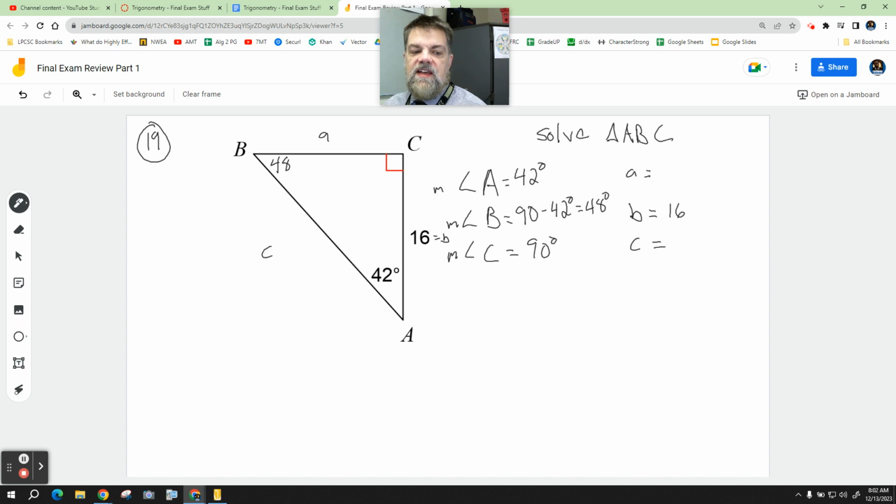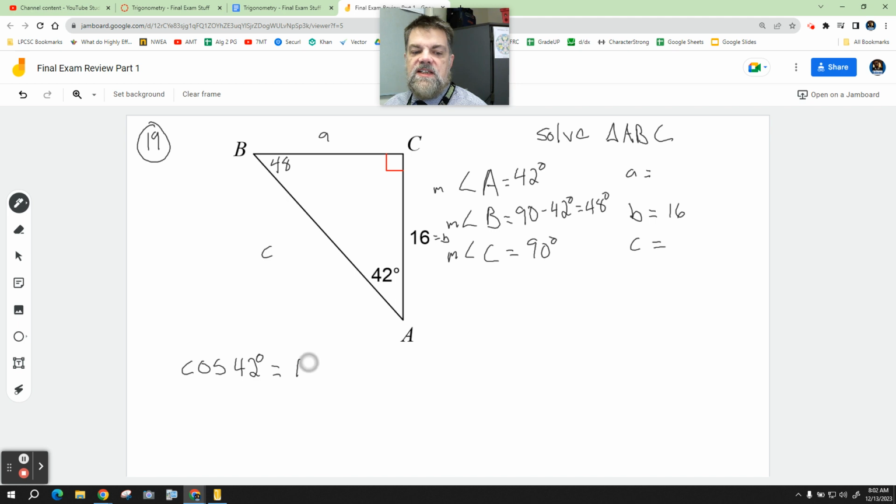So if I think about that, this is the adjacent. So the adjacent is cosine. So I could say something like cosine of 42 degrees is equal to the adjacent length. Remember, it's the adjacent over the hypotenuse.